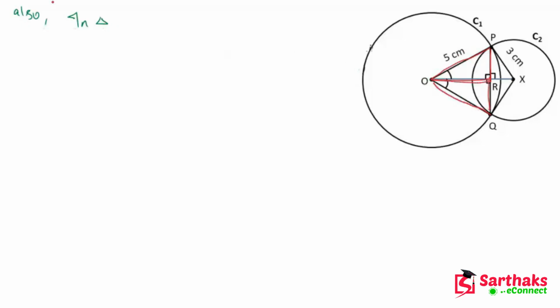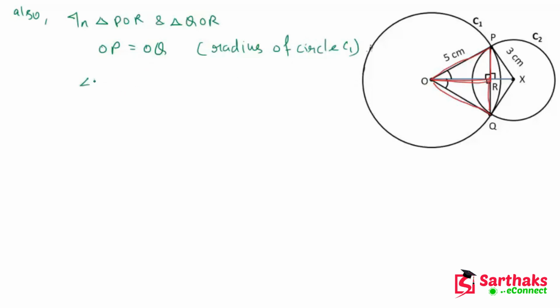So in triangle POR and triangle QOR, OP is equal to OQ, again we can write it as the radius of circle C1, and angle POR is equal to angle QOR. This is from equation 1.